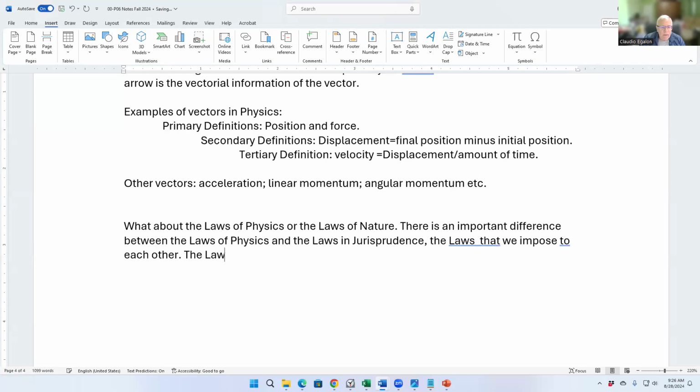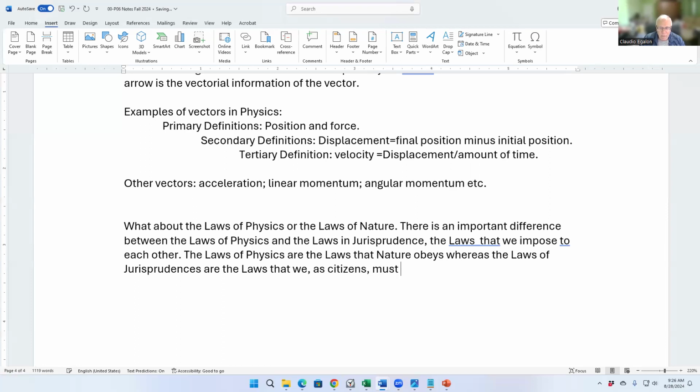The laws of physics are the laws that nature obeys, whereas the laws of jurisprudence are the laws that we as citizens must obey.